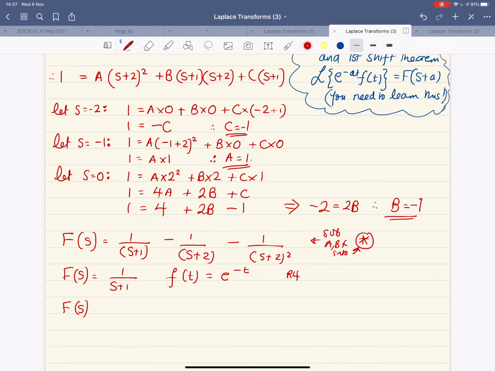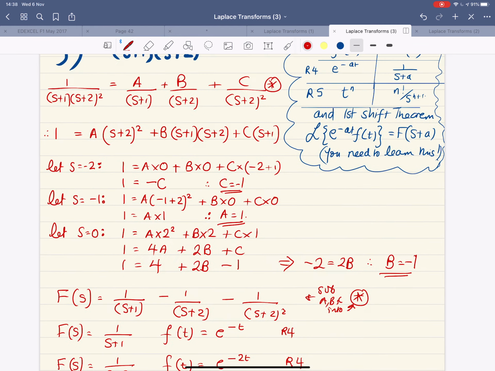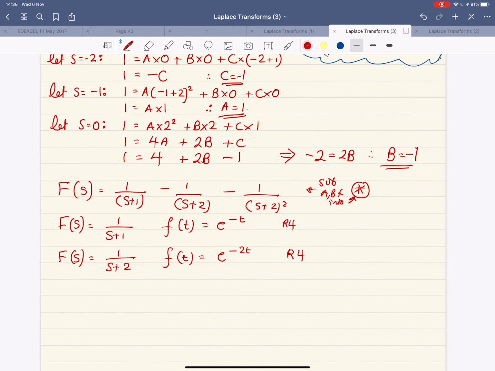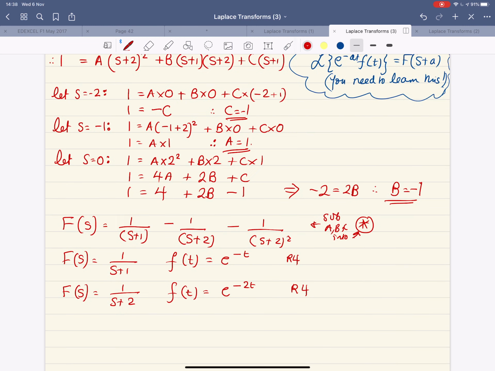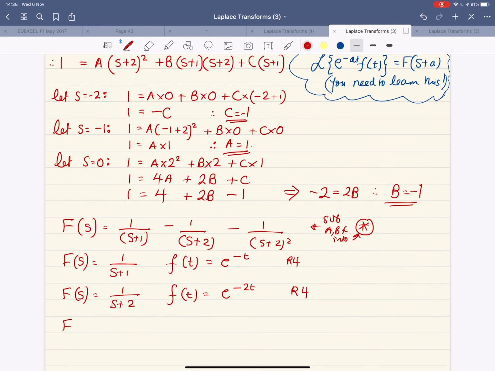Next one, f of s is 1 over s plus 2. f of t is e to the minus 2t. Again, that's an application from row 4. And then this last one, if we've got f of s is 1 over s plus 2 squared.